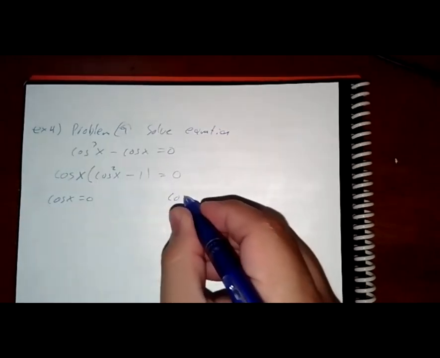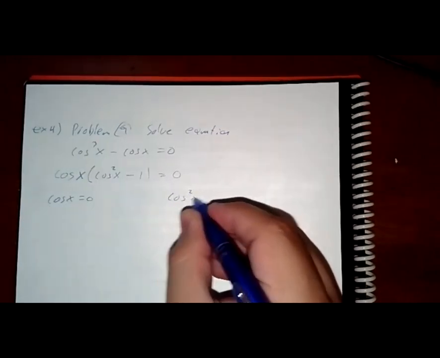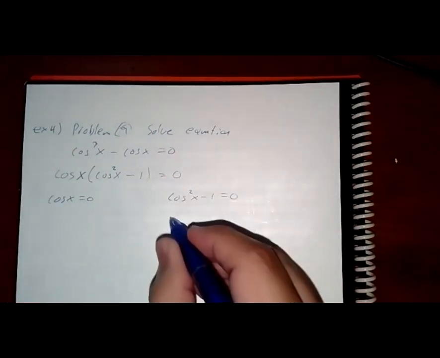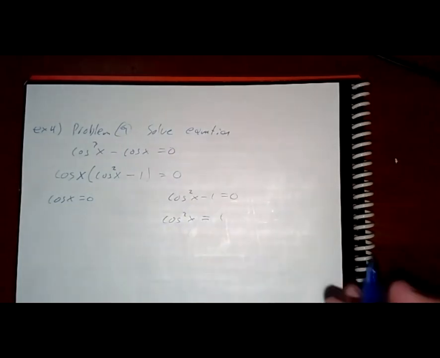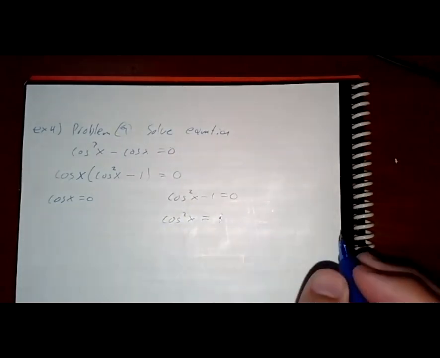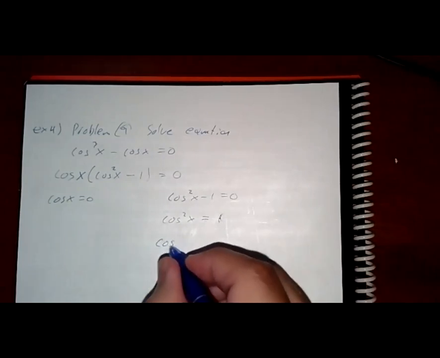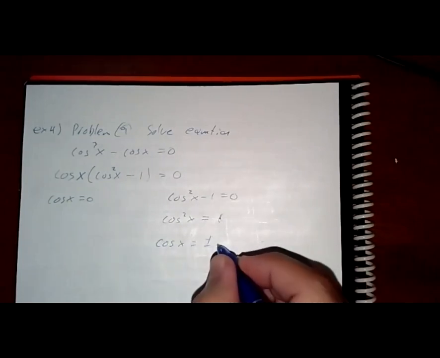Now the zero factor property says if you have two factors like this equal to 0, then you can set each piece to 0. It's like back in old school algebra. So this will become, square root both sides, so cosine x is equal to plus or minus 1.